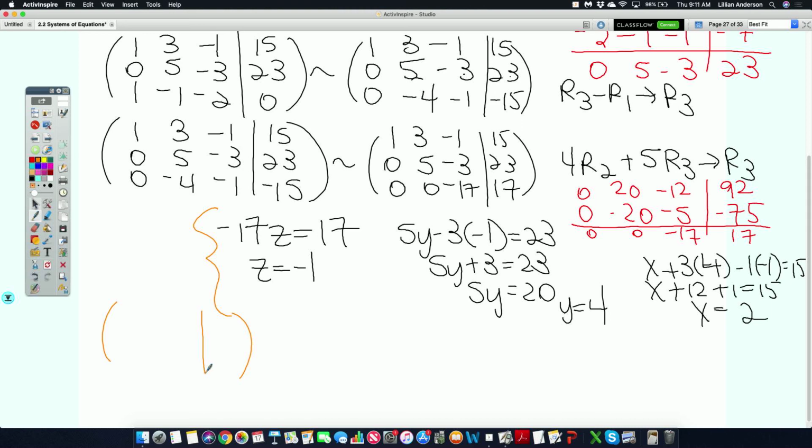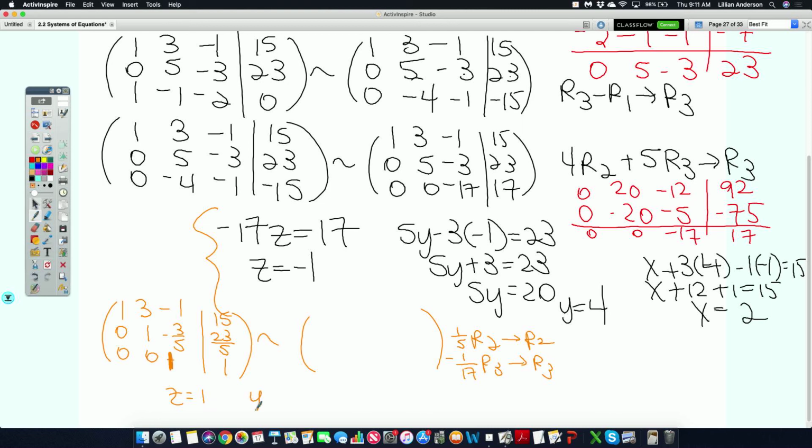If I did multiply row 2 by 1/5 and row 3 by -1/17, I would have that z is equal to 1.